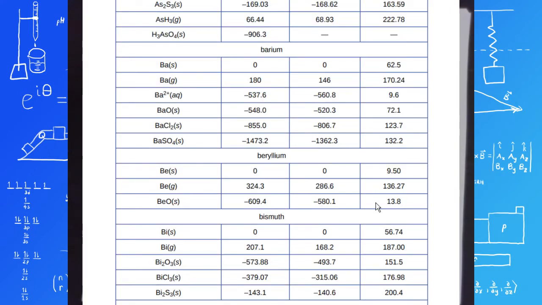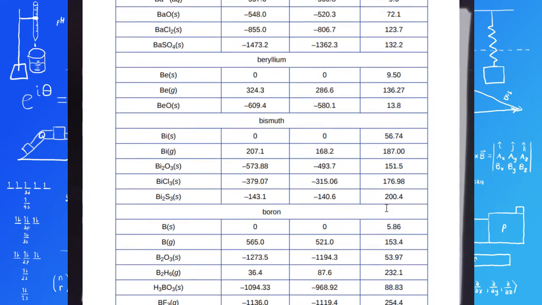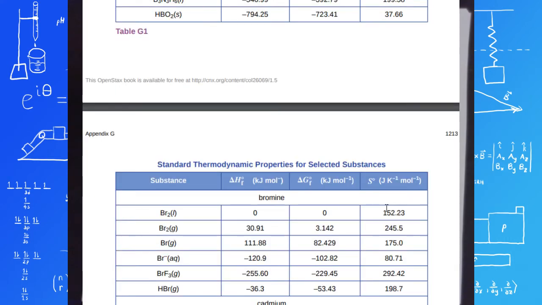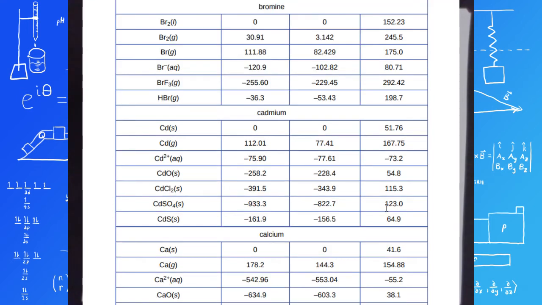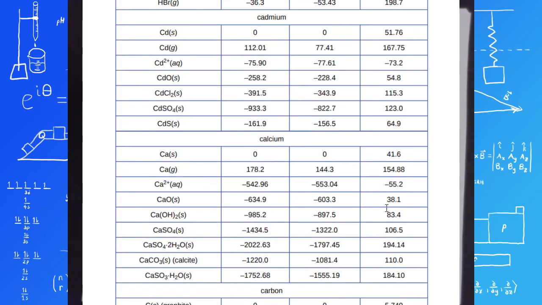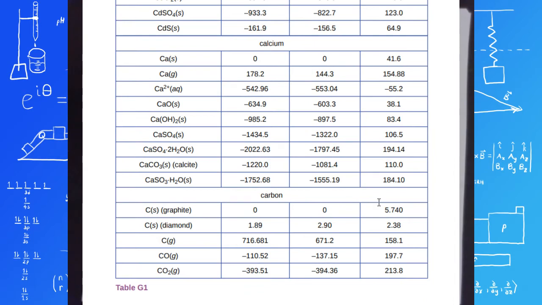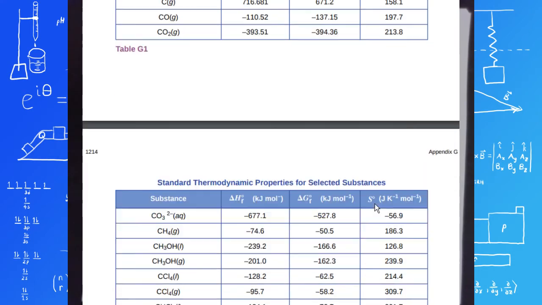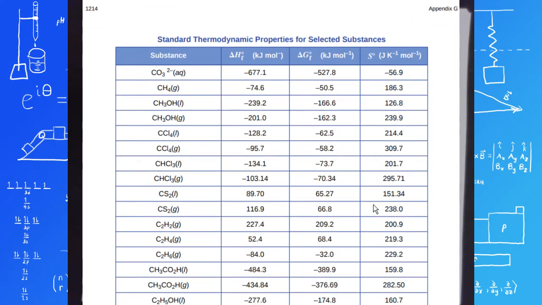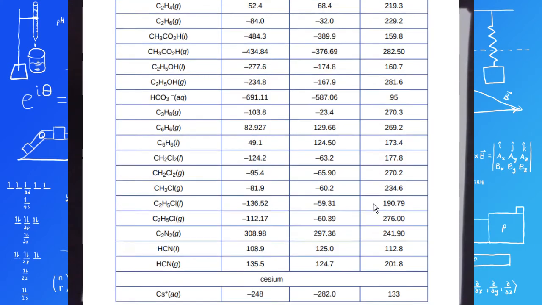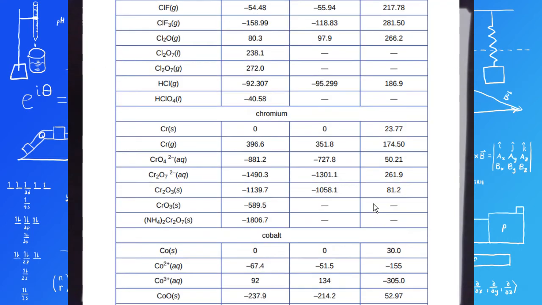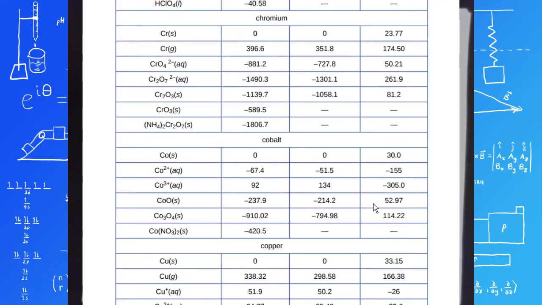I'll just scroll through these real quick so that you can go back to this moment of the video and look up any values you need. Or you're probably better off downloading this book, which you can do for free at OpenStax. It's not one of those pirated things, it's just a legit Creative Commons textbook.